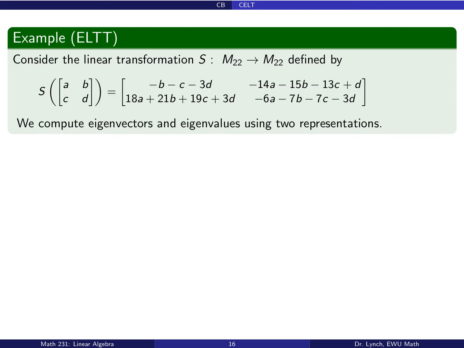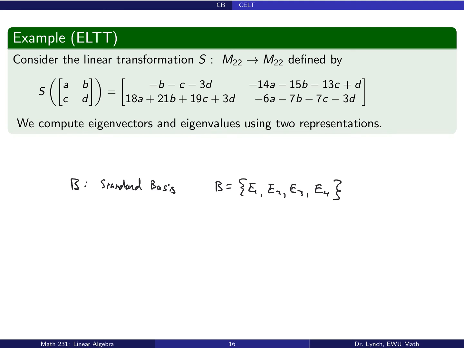Okay, so let's go ahead and talk about this a little bit more. Have a look at this linear transformation on M22, and we'll compute the eigenvalues and eigenvectors using two different representations. We'll start off with the standard basis, and again what we'll do here is find the image of those standard basis vectors under the transformation S and then coordinatize those, right?